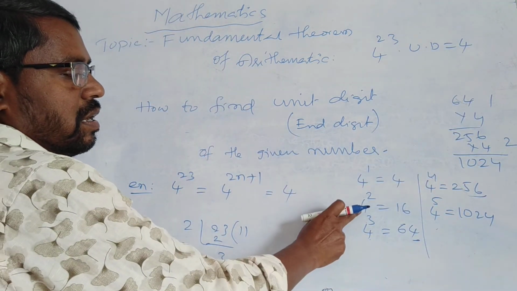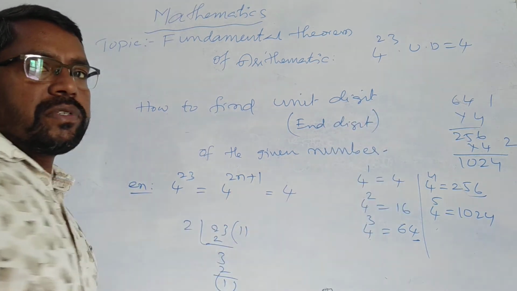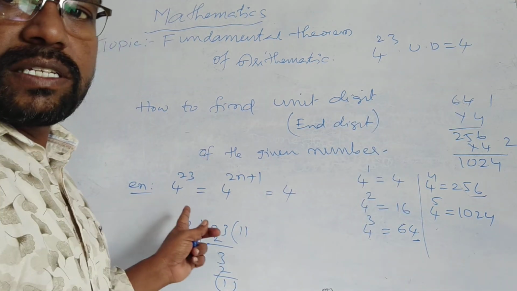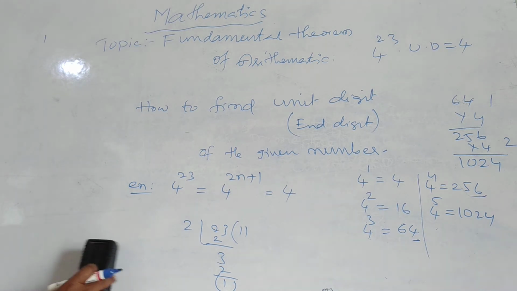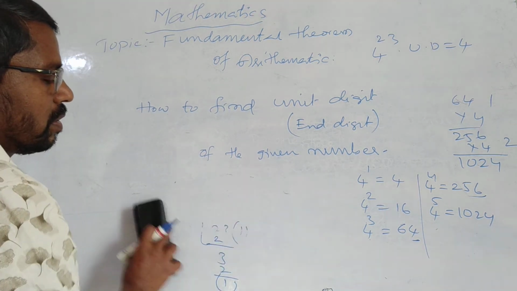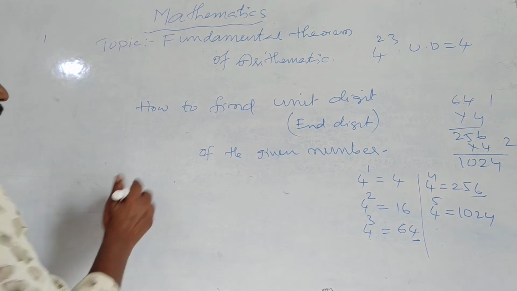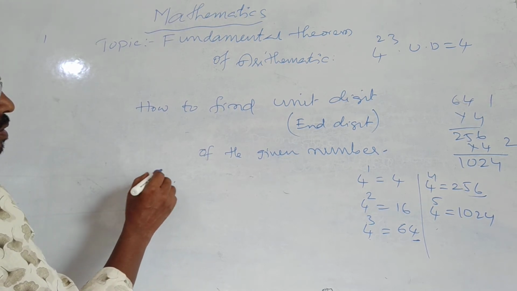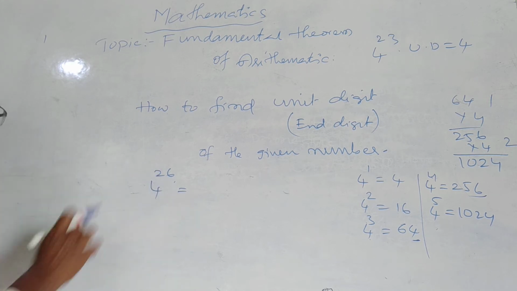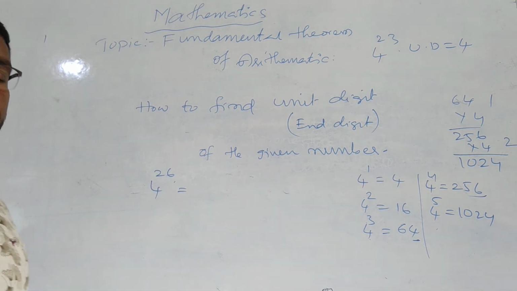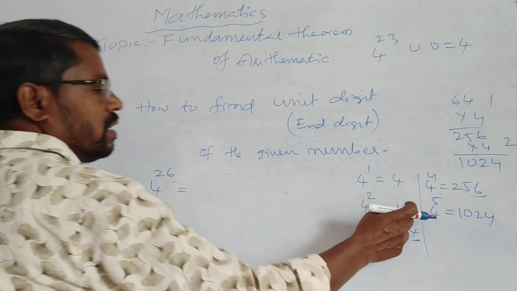If it is an even number, directly you can keep 6. Let us discuss another example here. Children, we can take another number, 4 power 26. Is it an odd number or even number? It is even. Even means what is the unit digit here?